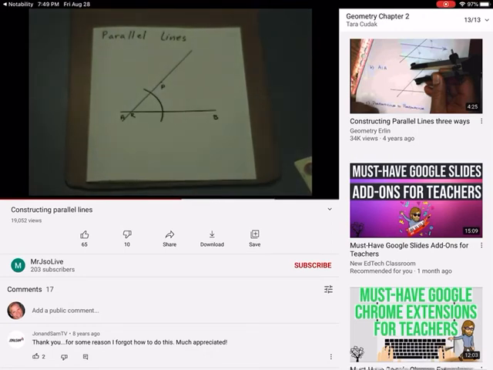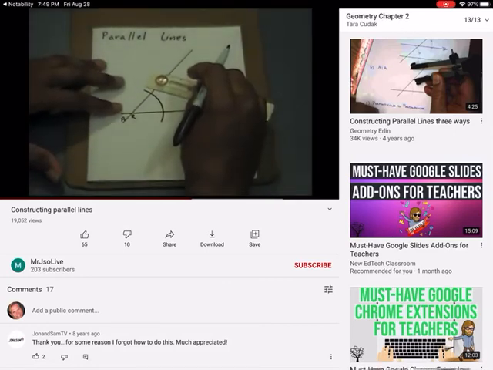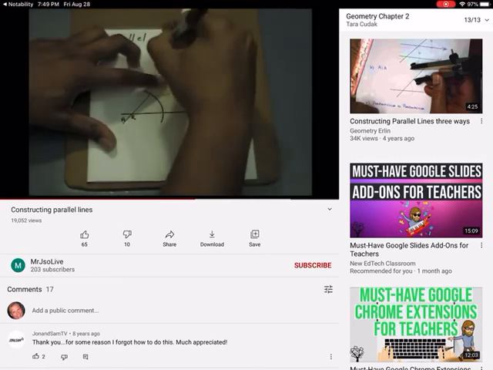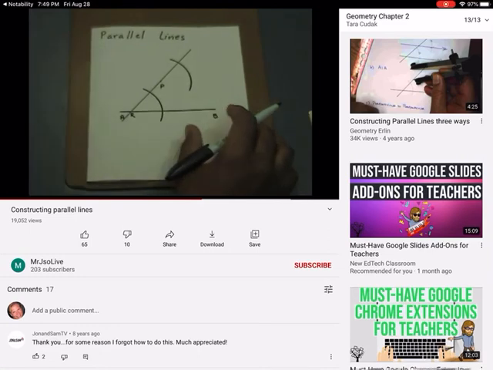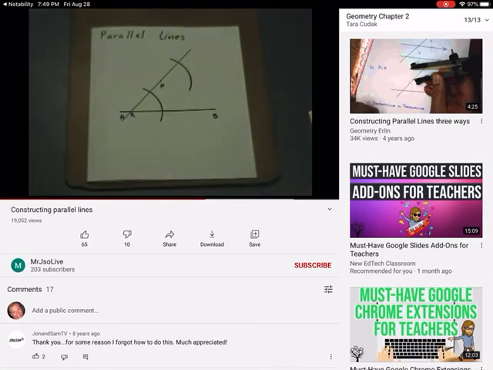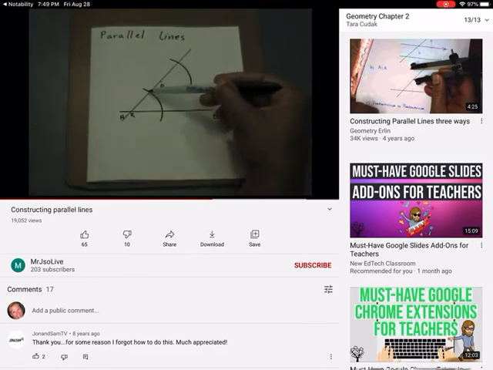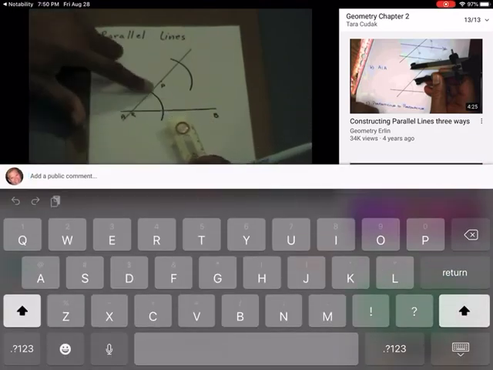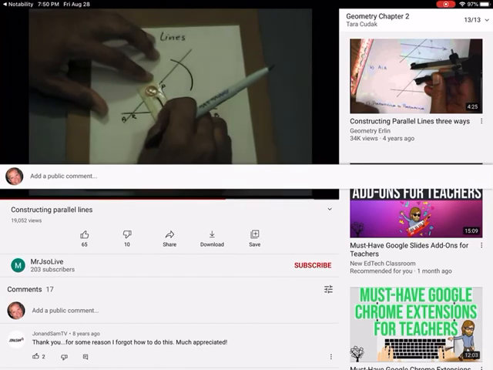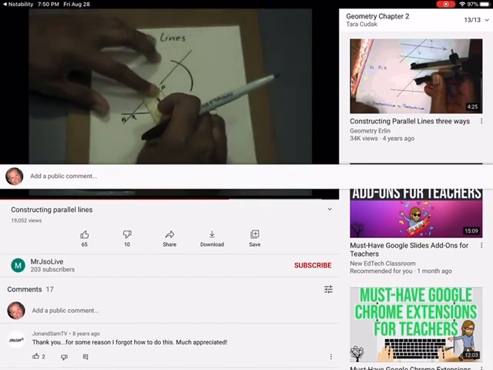We're going to create a similar arc using P as the reference point. Next, we want to use the compass to measure the distance from this point here to this point here. I'm going to put the rotating end at this point and measure the distance.